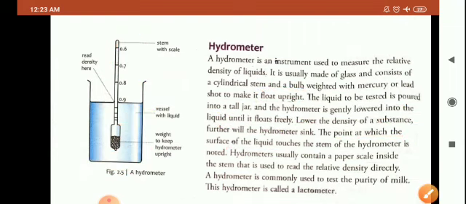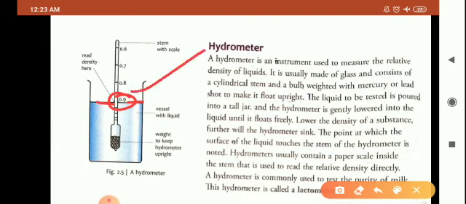Now the point at which the surface of the liquid touches the stem of the hydrometer is noted. Now how do we determine the relative density of the liquid? The point at which the surface of the liquid touches this cylindrical stem of the hydrometer, that point is noted, and that point gives the relative density of the liquid. Okay children, so first of all we take a liquid whose relative density we need to determine in a tall jar, and then we simply lower the hydrometer in that particular liquid.